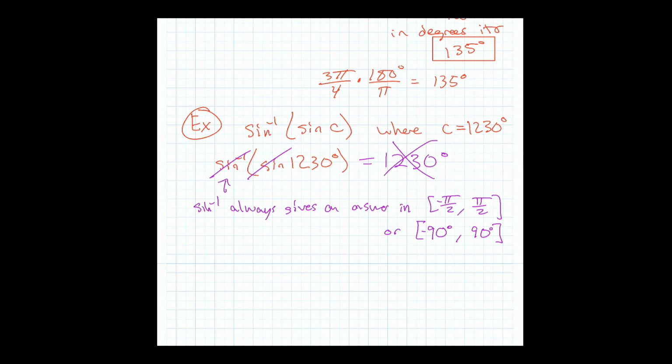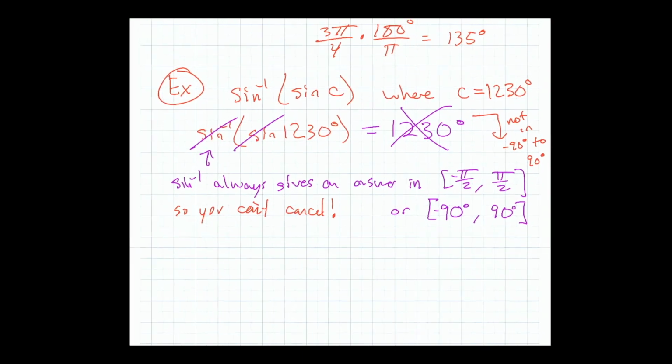It can't be 1230 because that's not between negative 90 and 90. So it's just not a valid answer. So you can't just cancel. You can cancel on triangles because triangles don't have that issue.